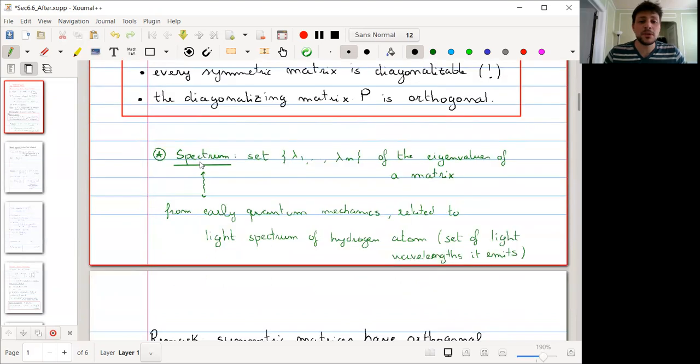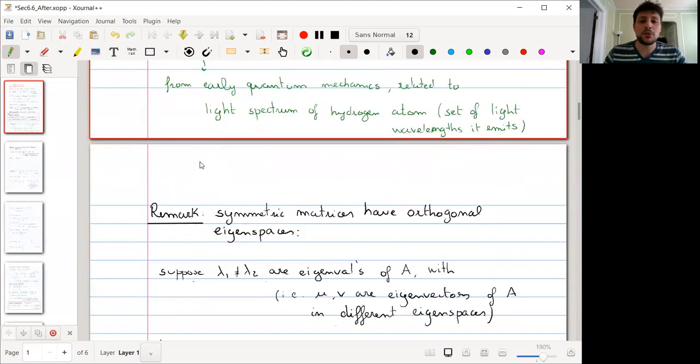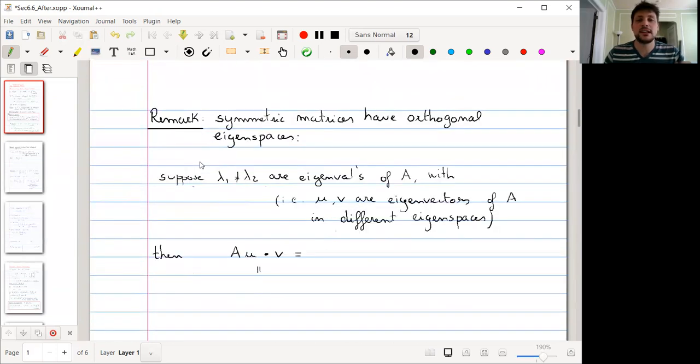Okay, that's it for the theorem. We'll see an example, but before doing that, let me just comment on the following remark, which is something that is sort of implied by the theorem, and we can actually have an idea of why this is true. The eigenspaces of a symmetric matrix are orthogonal to one another.